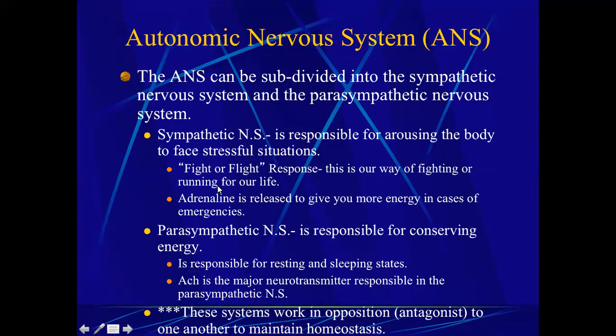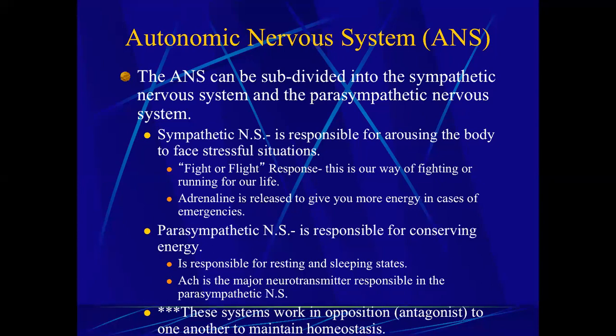Okay, so let's talk about autonomic functioning. This happens naturally. Now, what's interesting is we have something called the sympathetic and the parasympathetic nervous system. You might hear the sympathetic nervous system referred to as the fight, flight, or freeze reaction that we have.